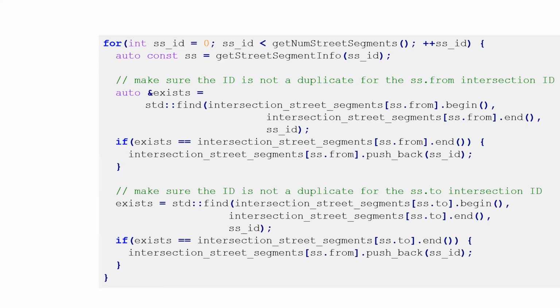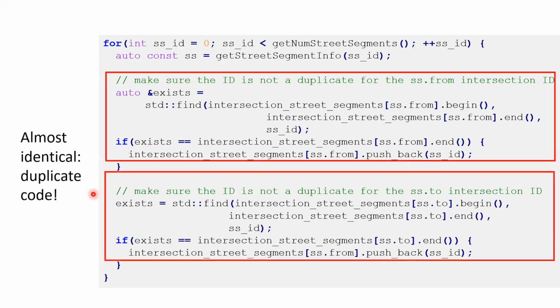So for example, this chunk of code is in a for loop. And you have two parts that are almost identical. The only difference are the .from and .to here.